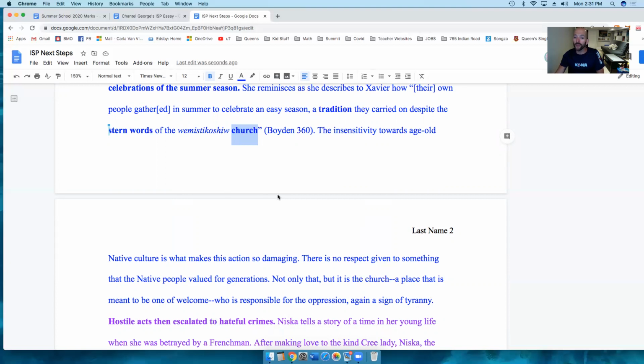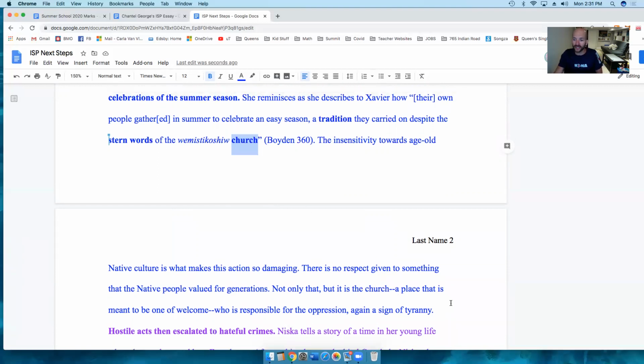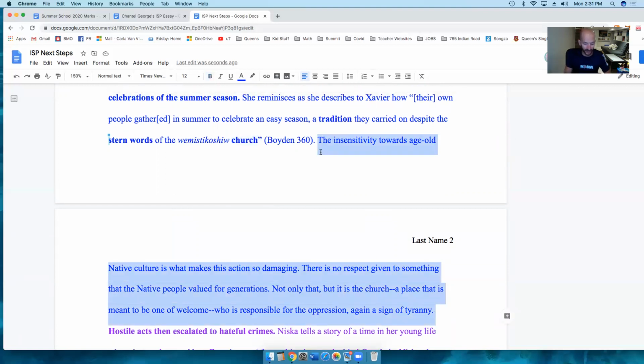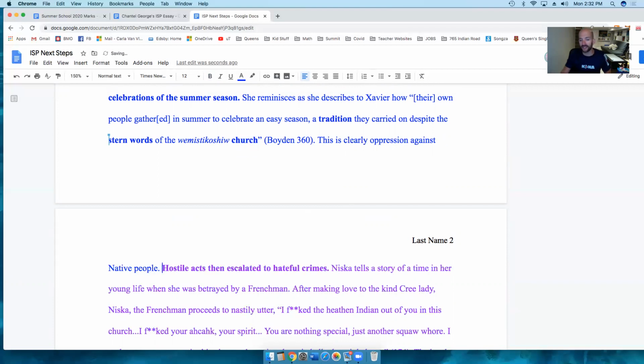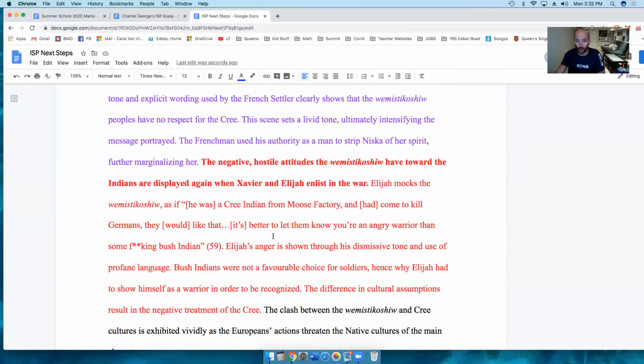And so what I really want to encourage you in your analysis is not to just say something like this: this is clearly oppression against Native people. Why? Because it's vague. And this analysis could be said about the purple example or the red example.